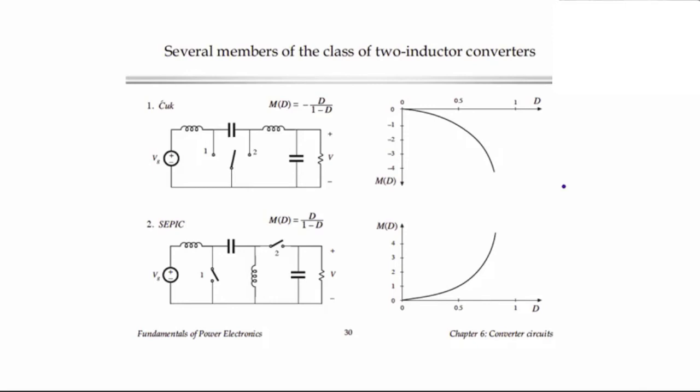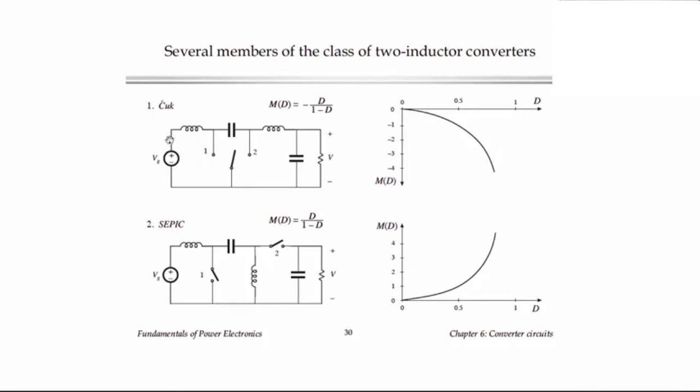Well, we can think of other classes of converters, and the next most logical class might be the class of two inductor type converters. So we have two inductors and we switch them one way between the source and the load for the first interval and a different way for the second interval. There are many more than 8 members of this class of converters, and they can do some pretty interesting different things.